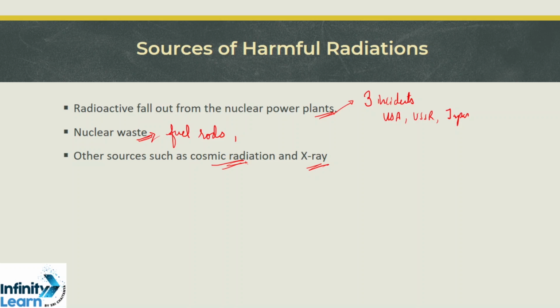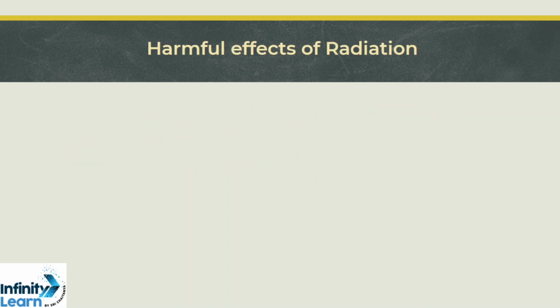After understanding the sources of harmful radiation, let us quickly understand the harmful effects of radiation. The first very harmful effect of radiation is the biological effect. The radiation produced in reactions, which has alpha, beta and gamma radiations, even neutrons and X-rays, interacts with human tissues and causes biological damage.